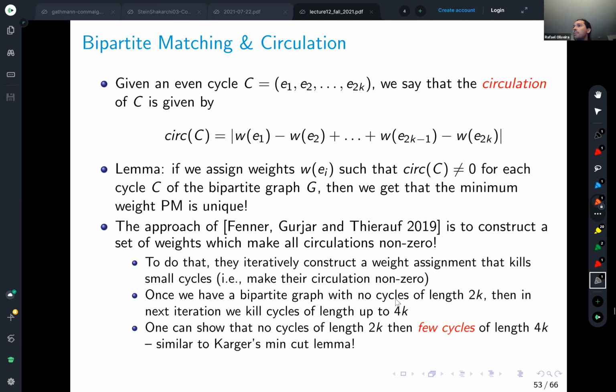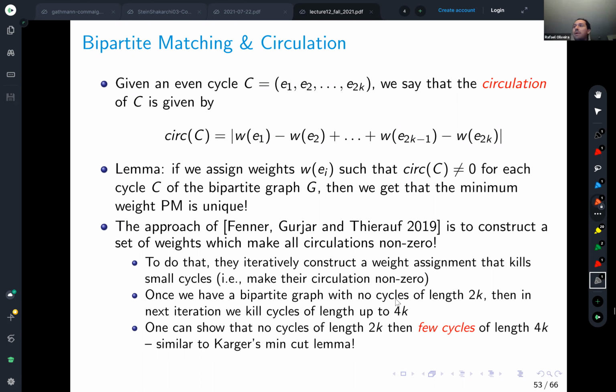But you may ask, if I don't have any cycle of length 8, the problem is that there may still be too many cycles of length 16, right? So how do we handle those? They also prove that if a bipartite graph has no cycles of length up to 2k, then it has very few cycles of length 4k.